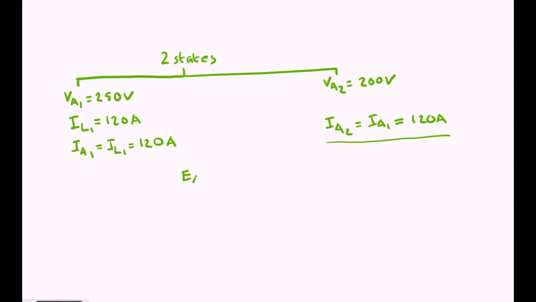So we know that EA is directly proportional to the speed, so we can write down the ratio of EA, which is EA2 over EA1, is equal to the ratio of the speed, which is N2 over N1.